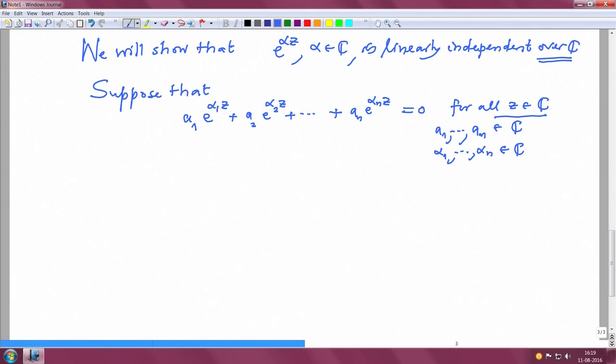If the left hand side is a function on D, and a function on D is 0 and D has a limit point, then it is 0 everywhere in C. This is a very important theorem in complex analysis, called the identity theorem for analytic functions.